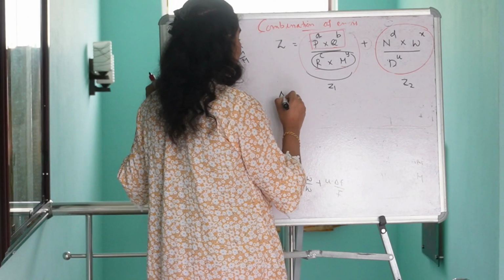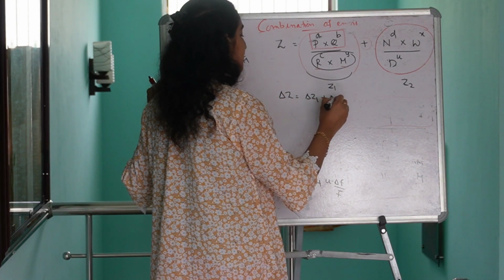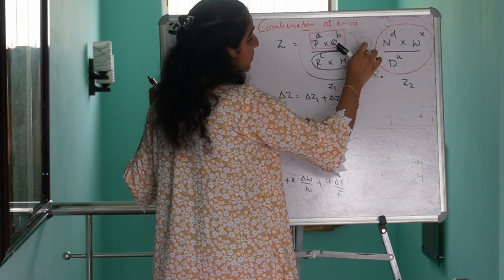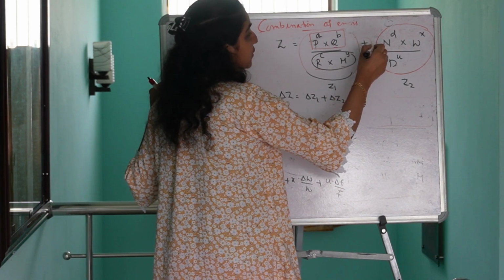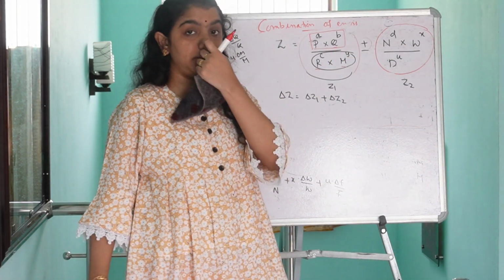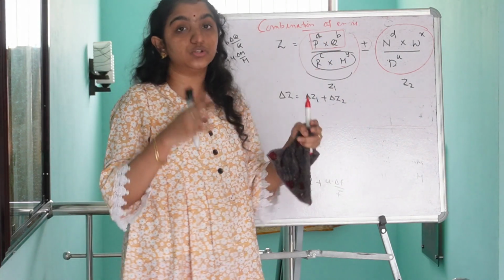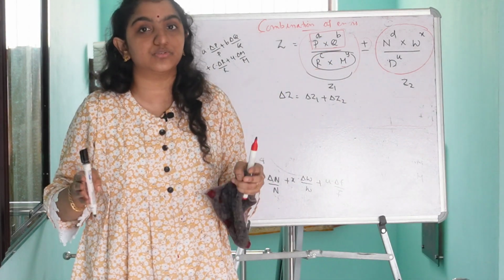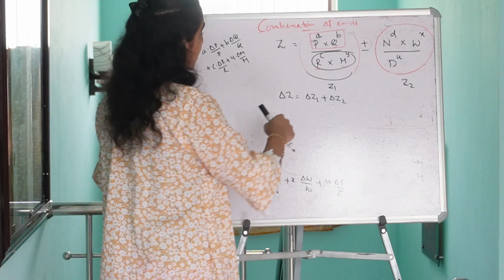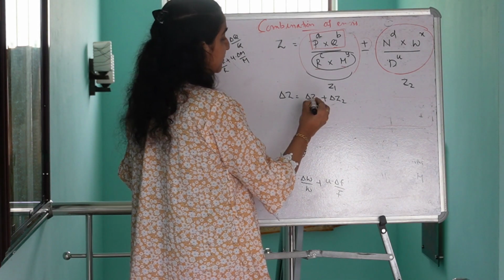We know del Z is equal to del Z1 plus del Z2. Even if, instead of addition, you are given subtraction, instead of plus if you are given minus, in such cases also you have to follow this same procedure. Is it clear? Yes. So here del Z is equal to del Z1 plus del Z2.